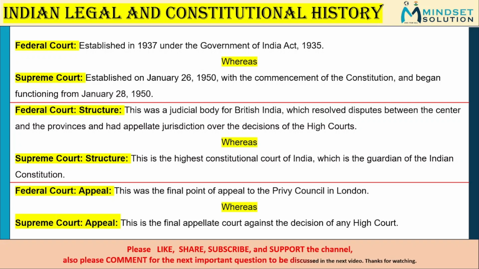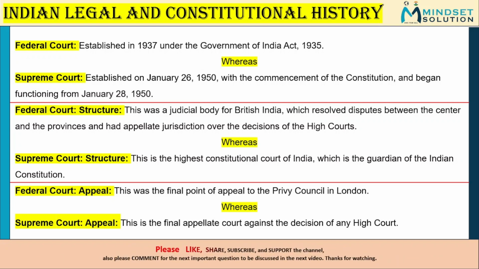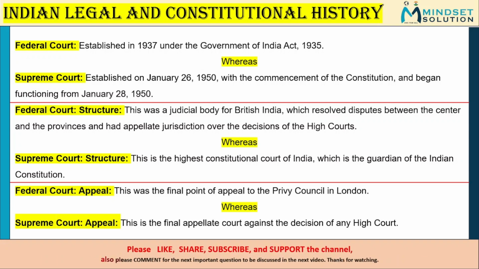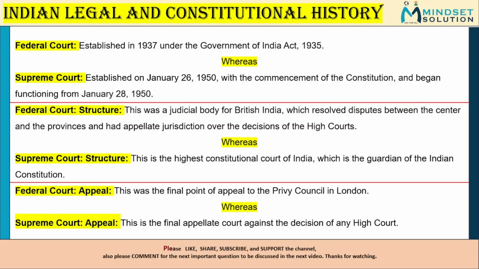This was a judicial body for British India, which resolved disputes between the center and the provinces, and had appellate jurisdiction over the decisions of the High Courts, whereas the Supreme Court is the highest constitutional court of India, which is the guardian of the Indian Constitution.